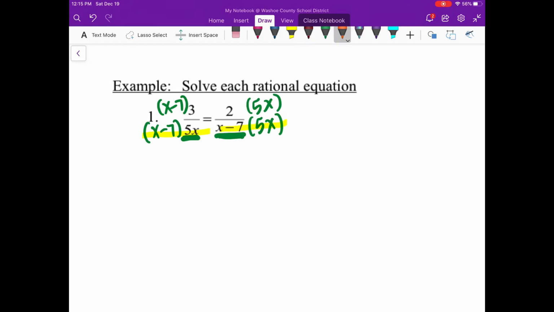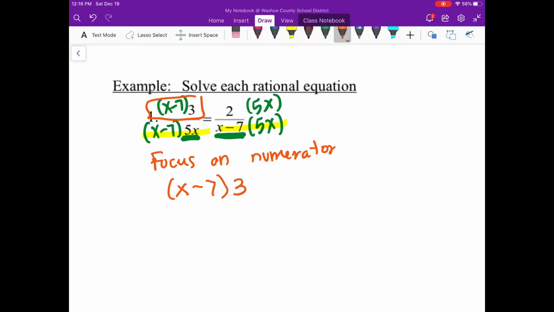Now that they have the same factors in the denominator, I can just focus on the numerator. My numerator here is x minus 7 times 3, and here it's 2 times 5x. I'm going to simplify by distributing.